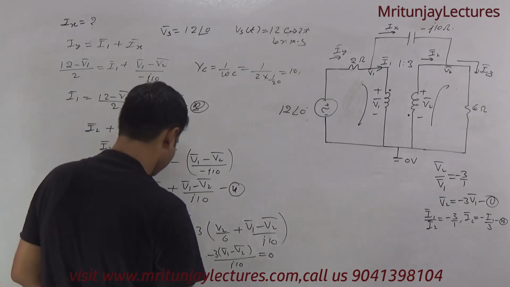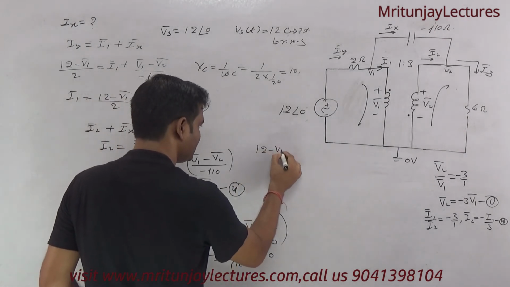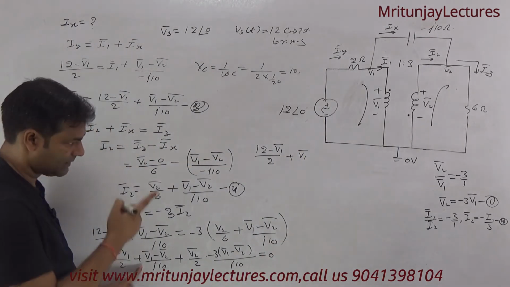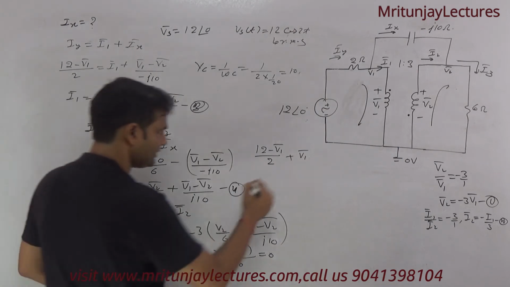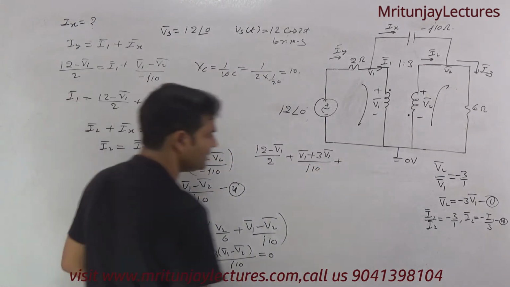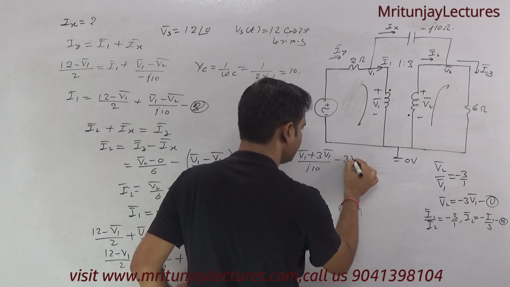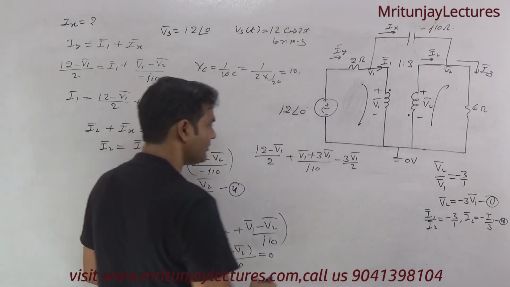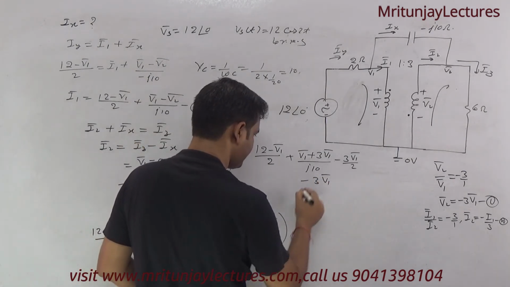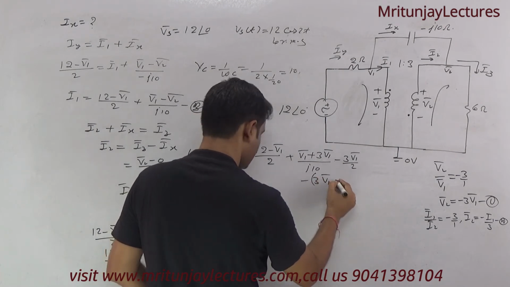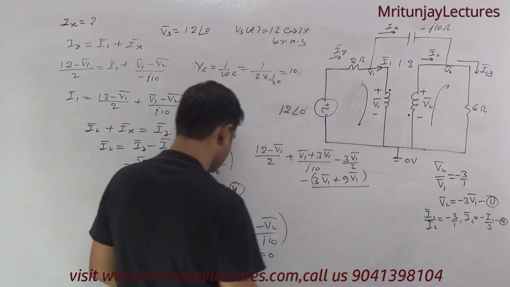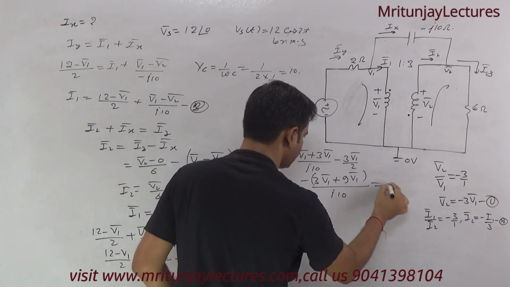If V2 is equal to minus 3 V1 and we put this value here, then we get 12 minus V1 divided by 2 plus V1, with V2 equal to minus 3 V1, so that is plus 3 V1 divided by j10, plus V2 by 2, so minus 3 V1 by 2, minus 3 times 3 is 9 V1 divided by j10, equal to 0.